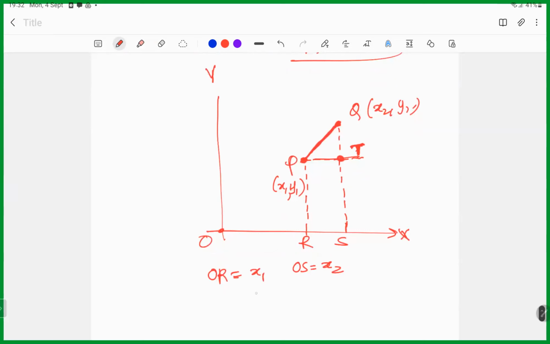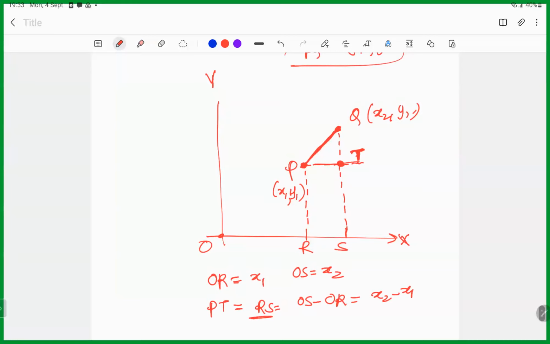So what is now RS? RS equals OS minus OR, which is x2 minus x1. Now we found RS. RS is nothing but PT. PT equals RS. So now we need to find QT.